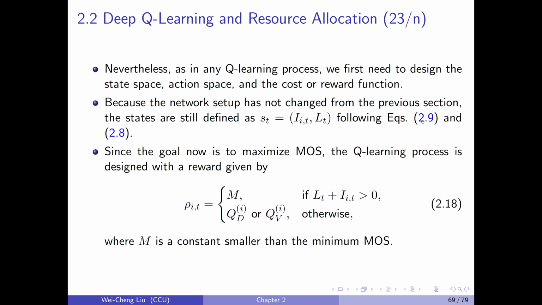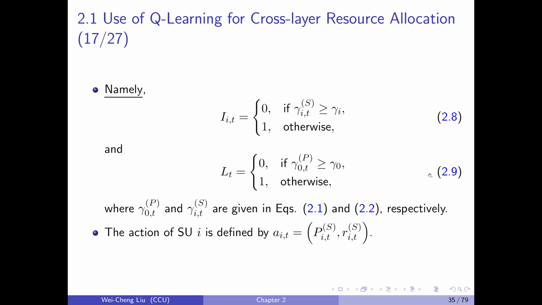In equation 2.9, L_t is equal to 0 if gamma_0^{t,P} is greater than or equal to gamma_0, and L_t is equal to 1 otherwise, where gamma_0^{t,P} is given in equation 2.1.